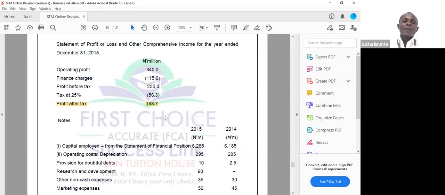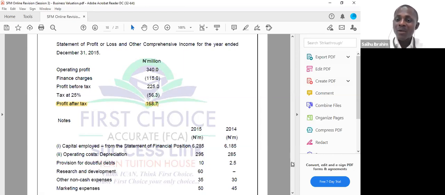If a company declares profit of 168.7 million in the annual general meeting, what do you think the shareholders will do? The shareholders will be happy. They'll say that the management have done well because they've been able to generate profit of 168.7 million.